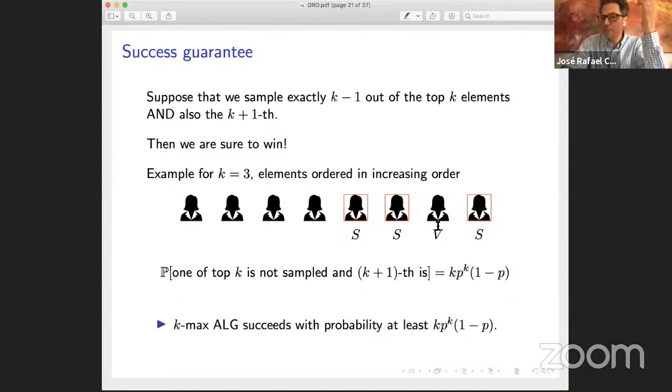And therefore, our probability of winning is at least what we get if this happens. Now, what's the probability that this happens? Okay, we need to sample this guy, which is the K+1. So that happens with probability 1 minus p. Wait, is this wrong on what I'm saying?